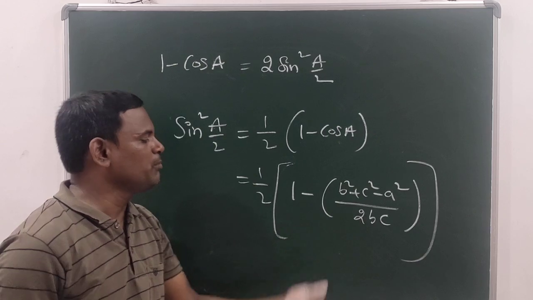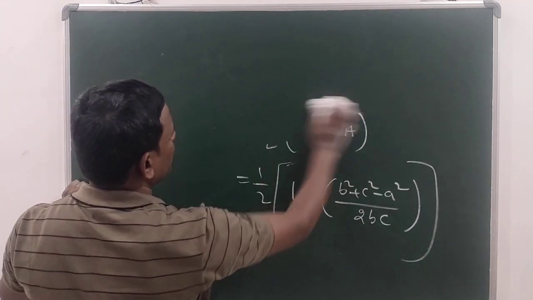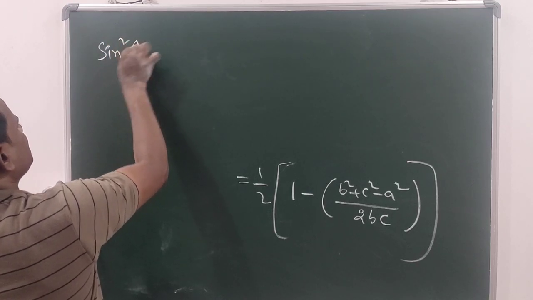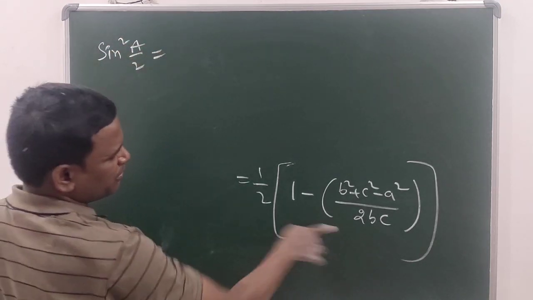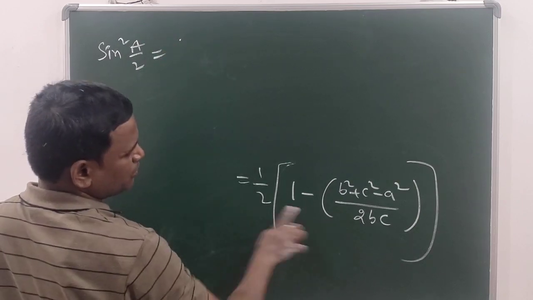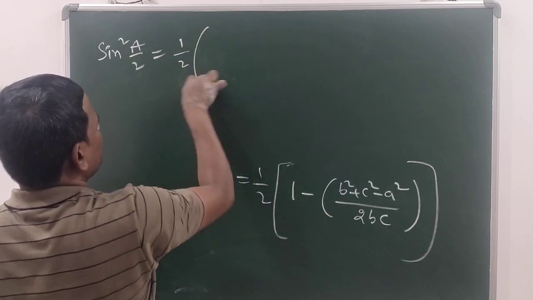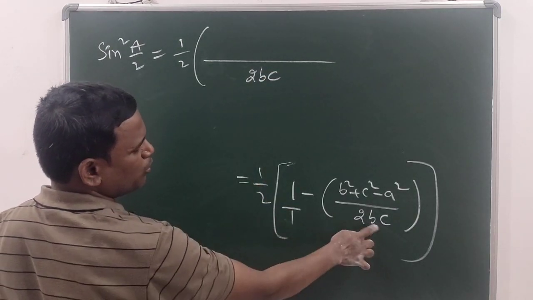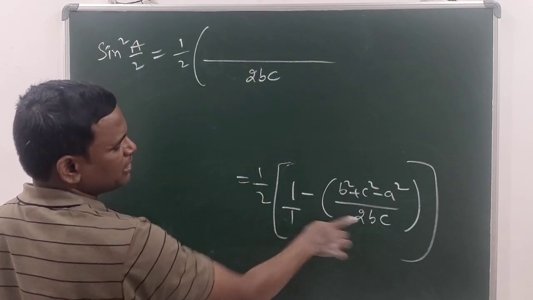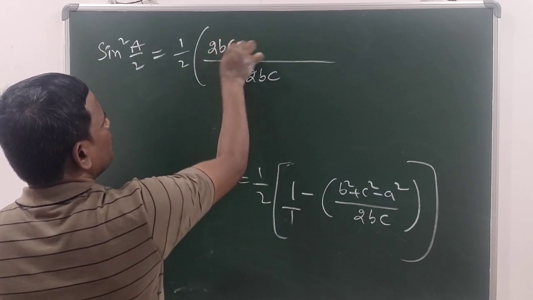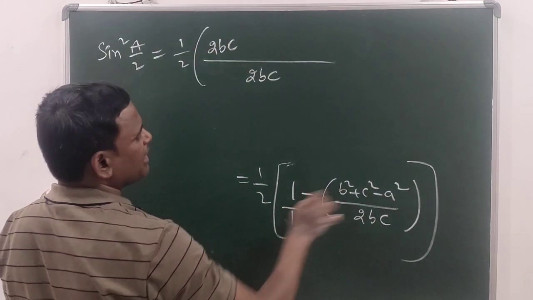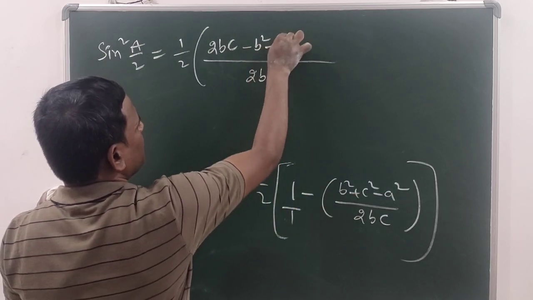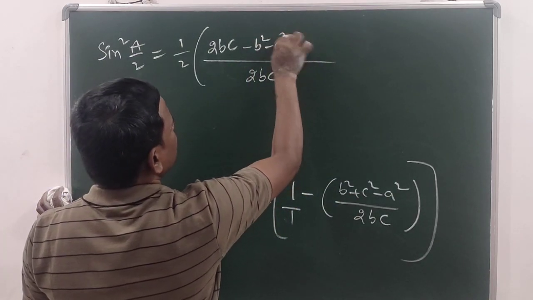So now let us simplify this. If you simplify, left side is sine square A by 2, which is equal to, take cross multiplication. What is the LCM here? 1 by 2, LCM is 2bc. Here nothing is there, means 1. So the LCM will be 2bc. Now open this bracket. If you open here, you will get minus b square minus c square plus a square.